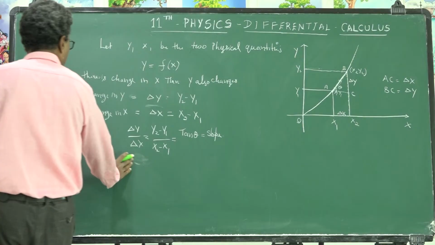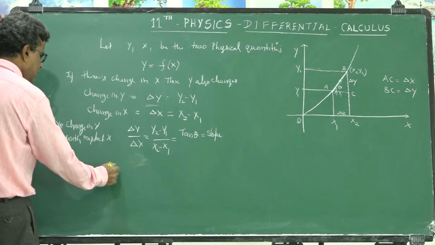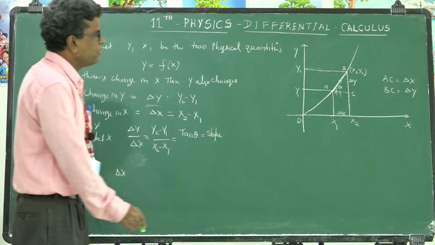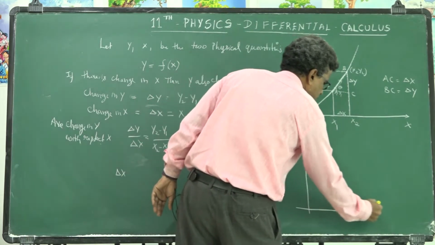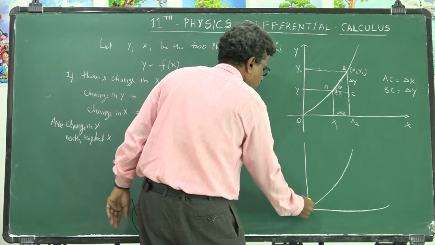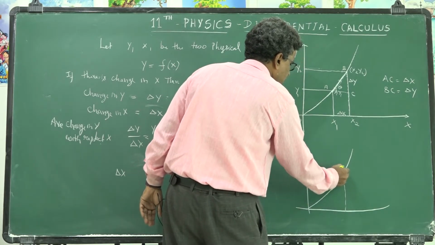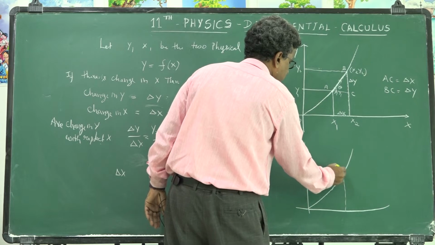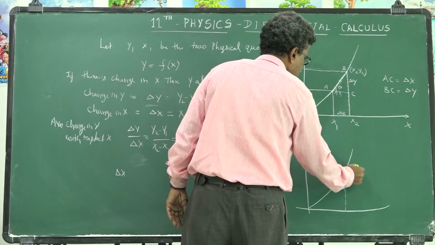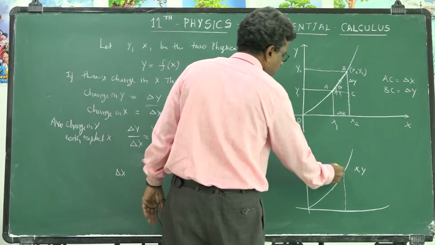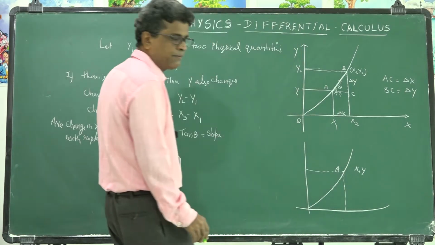Still, we want a specific value. If you make B reach A in this graph, B and A are at the same point, which has coordinates x, y. If there is a small change in x, there is a corresponding change in y.